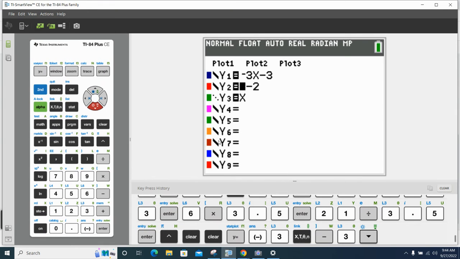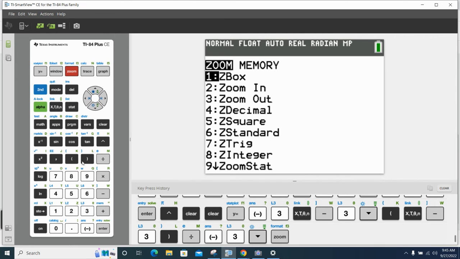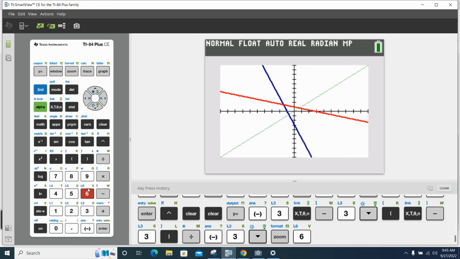So I'm going to go start parentheses, x minus 3 divided by negative 3. Then for my third one, I'm going to leave that as x. Okay? Because remember, if I did all my math correctly, f of x and f inverse of x will be symmetrical about the diagonal line y equals x. Hit zoom standard, option number 6.